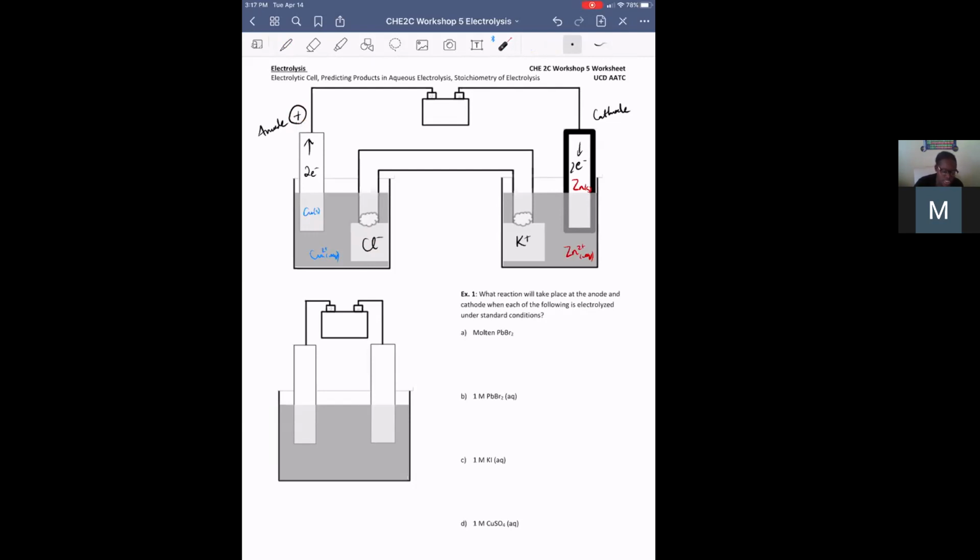Since our cathode has a negative charge, we want to generate positive ions from our salt bridge. So in our salt bridge, we should have KCl, which would also be aqueous.